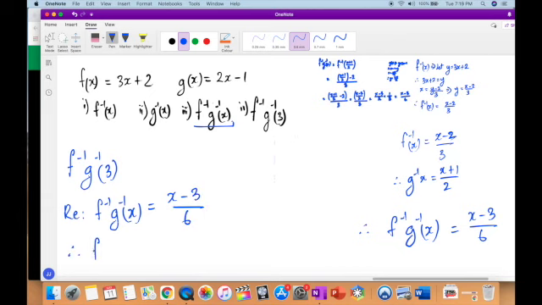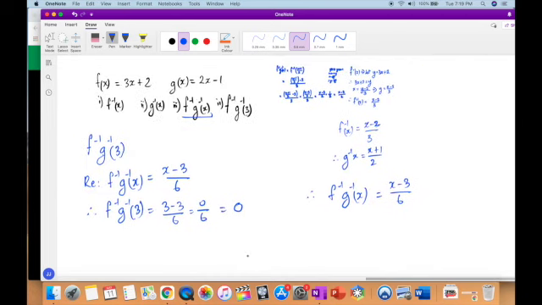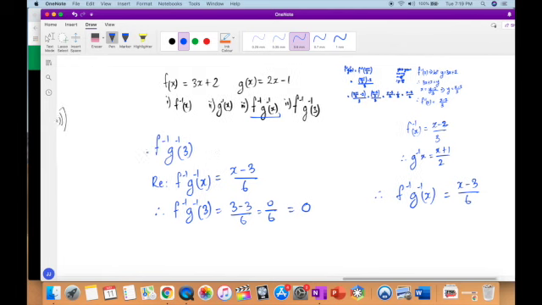Therefore, the f inverse of the g inverse of 3, I'm just taking the 3 and putting it in there. So that will be 3 minus 3 over 6, which is 0 over 6, which is 0. Shazay, is this a lot easier than you thought it was going to be? You always have this problem with overthinking things.